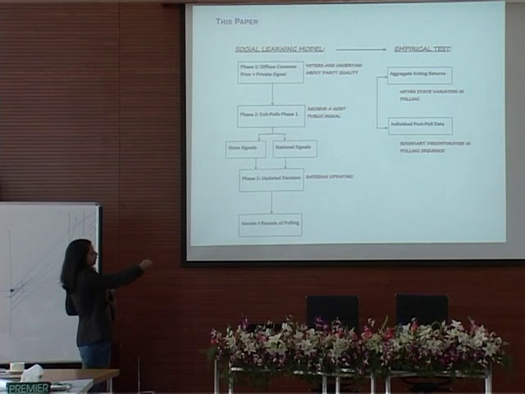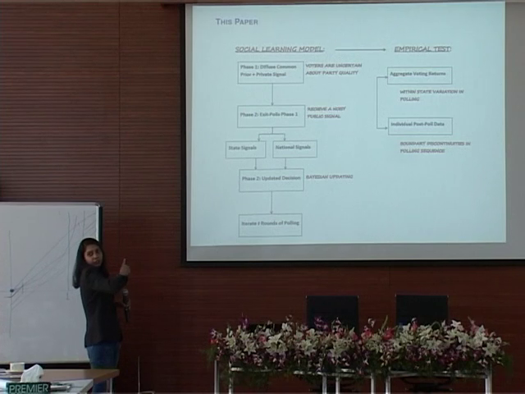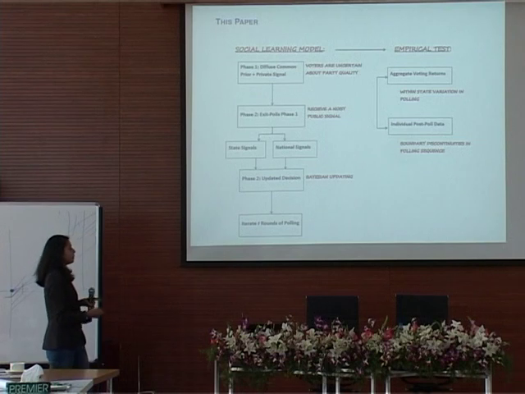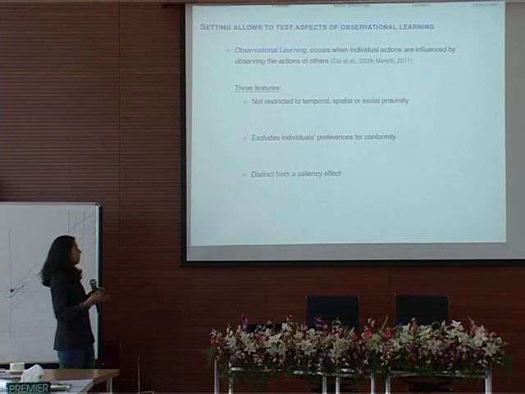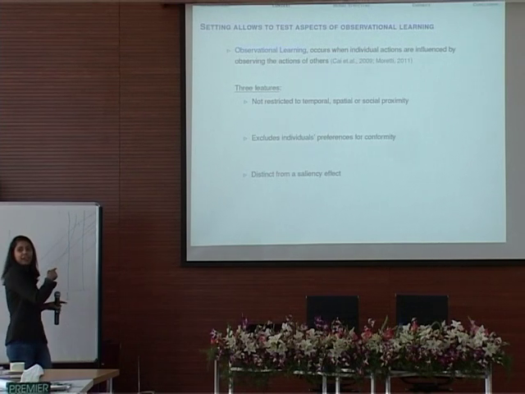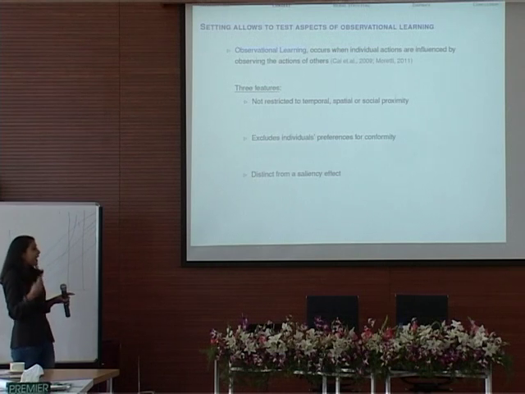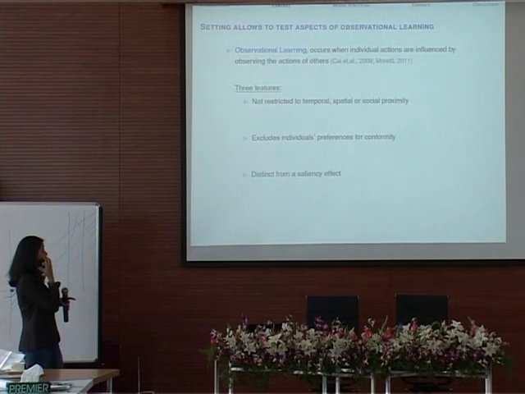And then I think identification is more robust here, I'm going to use individual voting responses and apply a regression discontinuity design to see whether late voters reacted to these exit polls, and improved their probability and decision making based on that. I'm not going to talk about results now, but I'll get to it in a while. Just finally, to round off the introduction, I think the setting is interesting to test certain aspects of observational learning, which is what I'm primarily interested in.